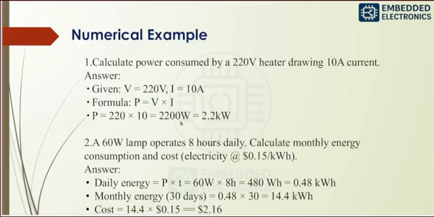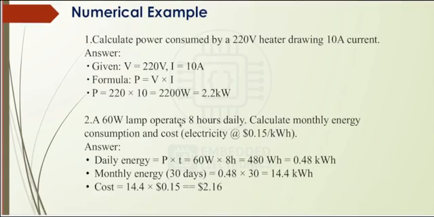These are the problems which are asked in the interview. Calculate the power consumed by a 220 volt heater drawing 10 amps current. We need to find the power value. We have the V and I values.